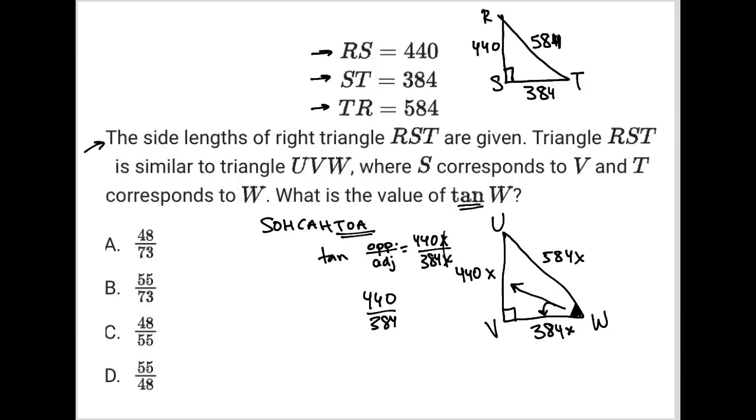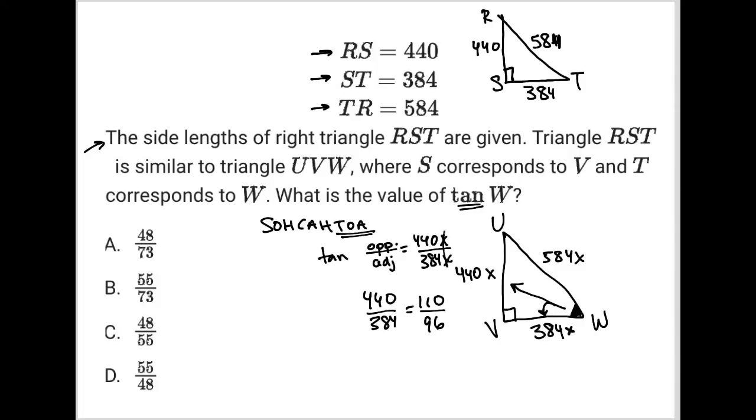Looking at my answer choices, it's obvious that I can reduce this fraction. I'm going to choose 4, actually. So let's say 440 divided by 4 gets me to 110. And 384 divided by 4 gets me to 96.